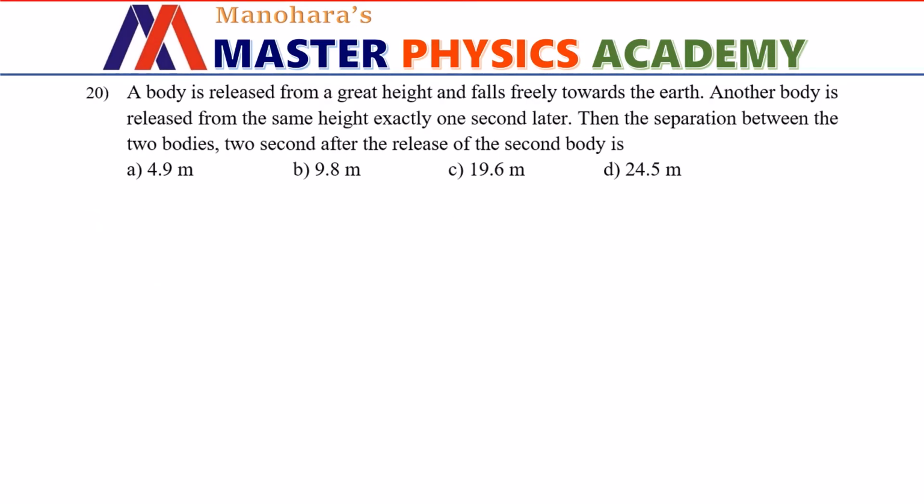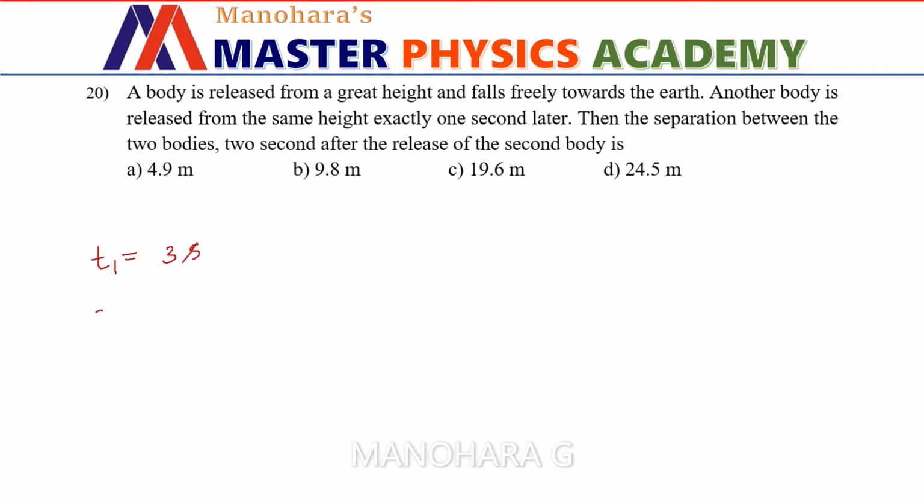A body is released from a great height and falls freely towards the earth. Another body is released from the same height exactly 1 second later. Then the separation between the two bodies 2 seconds after the release of the second body is. The time for which the first body is in motion is 3 seconds.